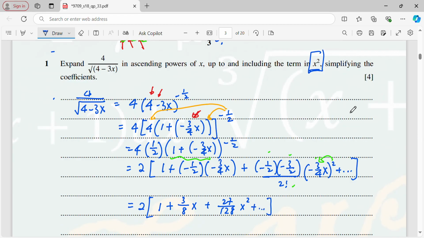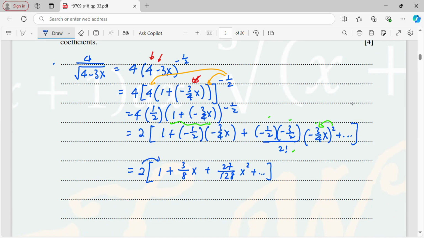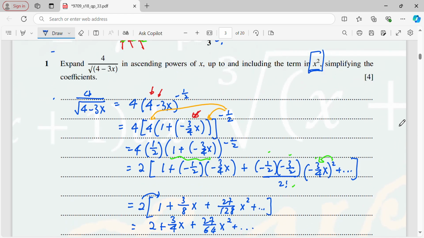Now for the final answer, just need to multiply the 2 into the whole bracket, then you will be getting 2 plus 3 over 4x plus 27 over 64 x squared, sorry. So this is the expansion for this question.